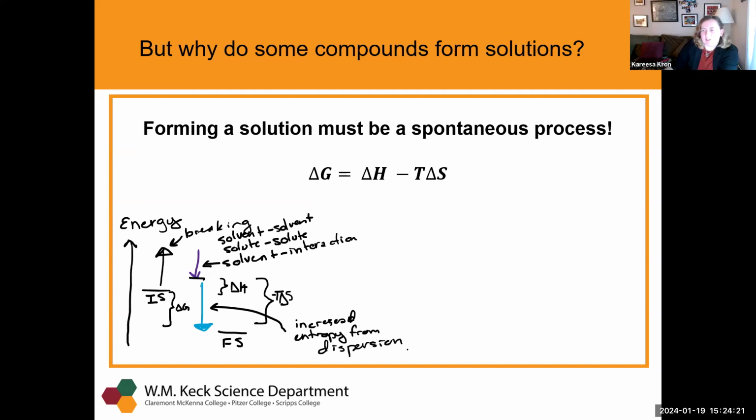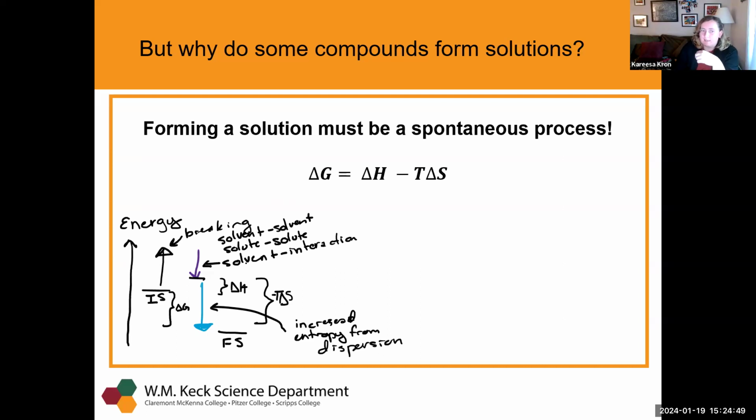So the combination of all of these leads to enough of a spontaneous process that in this particular system, we would say a solution would form. And so what this represents is that you have some favorable solvent-solvent interactions that we've broken down, and some favorable solute-solute interactions that we broke down.